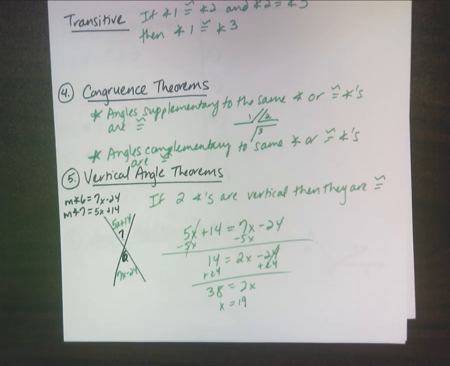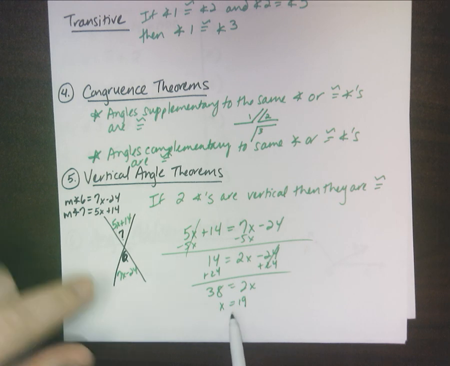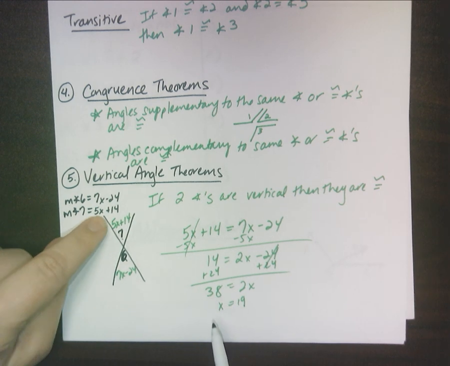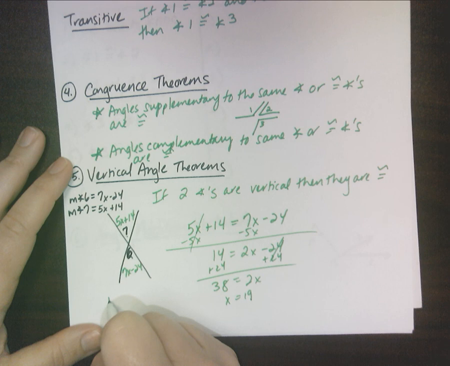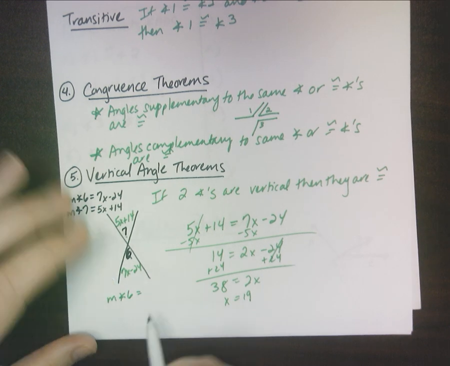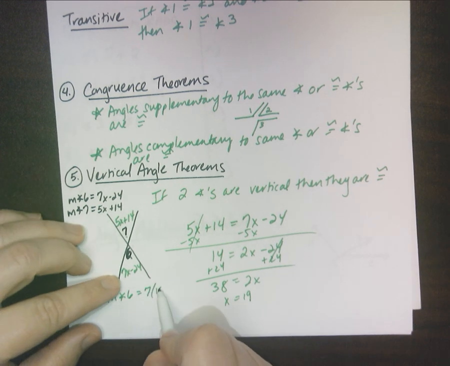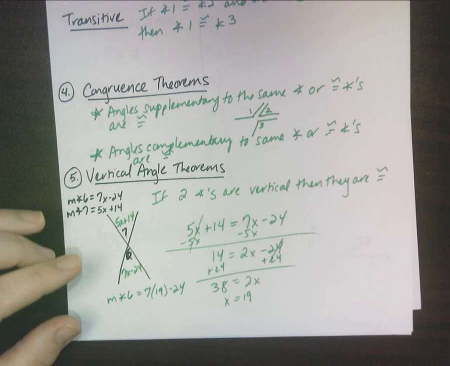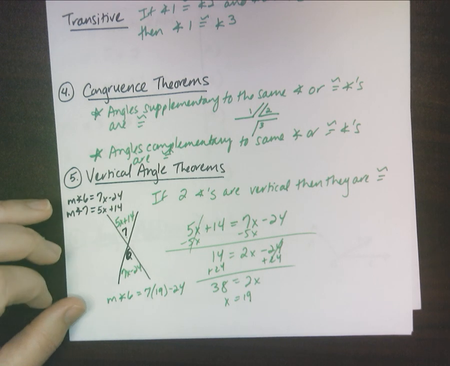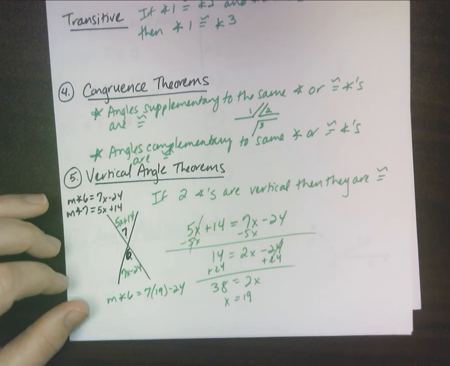And then you've got to plug it back in. Don't forget, that's just what x is. So take x, plug it back into your angle. Let's find out what the measure of angle 6 is. It'd be 7 times 19 minus 24. I need my calculator for that. 7 times 19 minus 24 is 109.